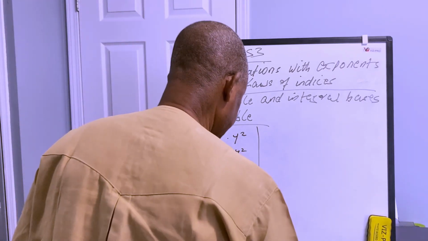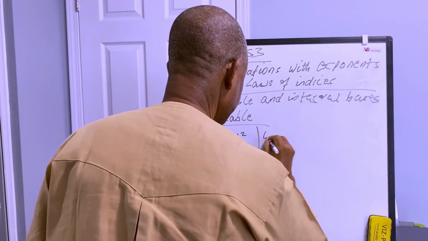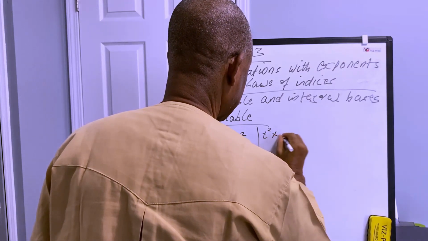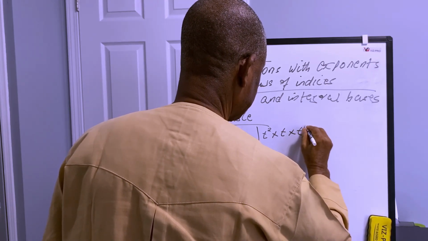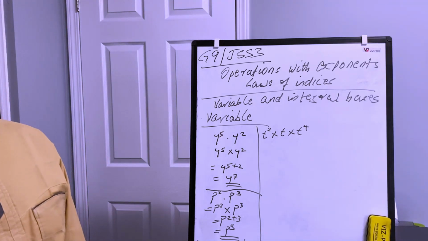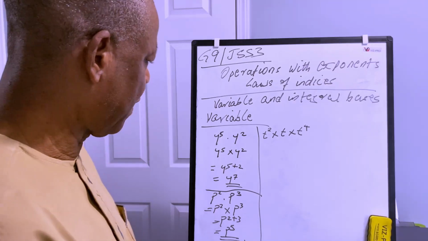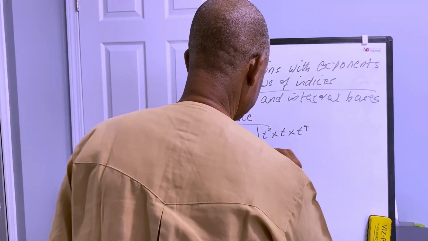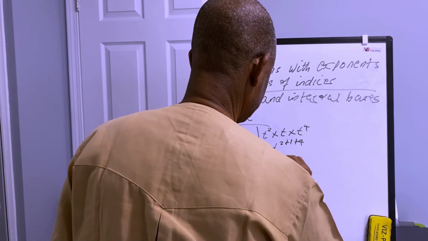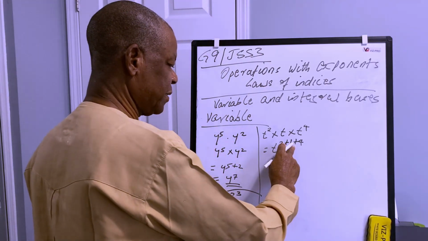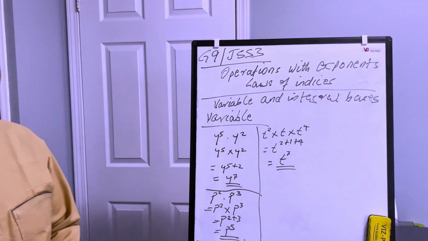Still under variables, we can be asked to solve t raised to power 2 times t raised to power 1 times t raised to power 4. I told you when a base has no power, it is automatically raised to power 1. So this gives us t raised to power 2 plus 1 plus 4, resulting in t raised to power 7, since 2 plus 1 is 3, and 3 plus 4 is 7. This is for variable bases.